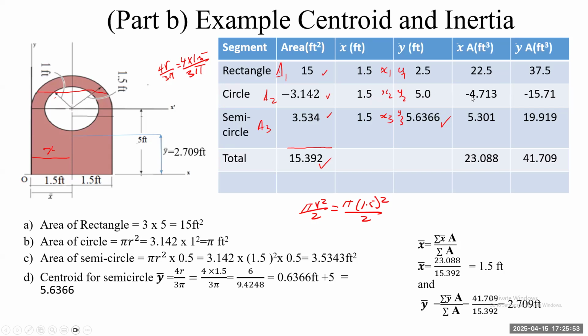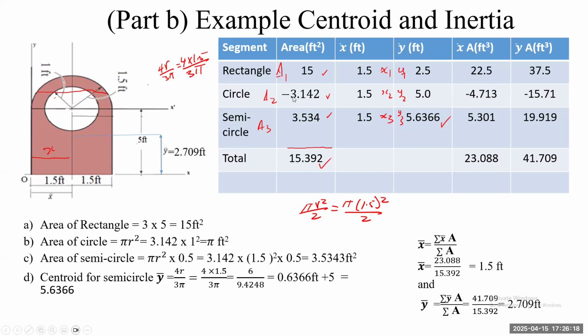So you get minus 4.713. Then you multiply 3.534 by 1.5, you get 5.301. You go again and take the area and multiply by the y components, 2.5, you get 37.5.